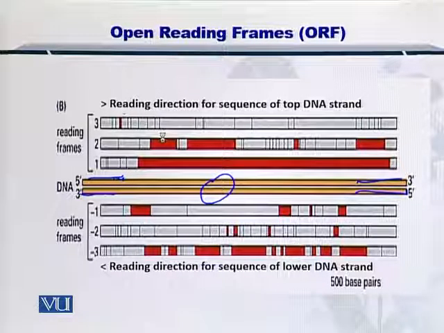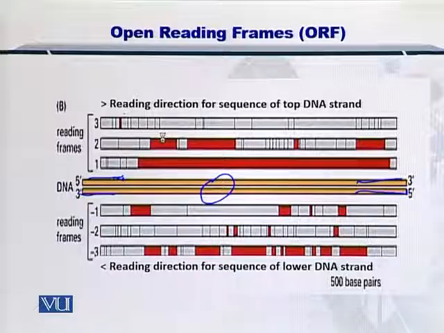So the lower strand is obviously complementary to the upper strand. Now, to move towards the open reading frames, just consider the 5' to 3' strand. If you have this strand with you and its sequence, then you can have 3 possible open reading frames.